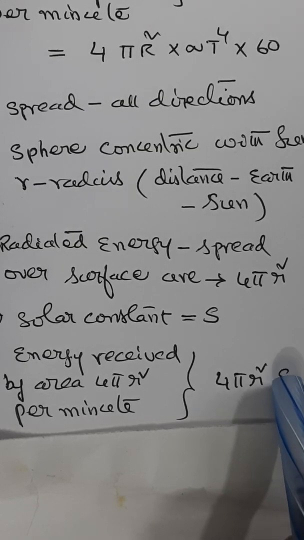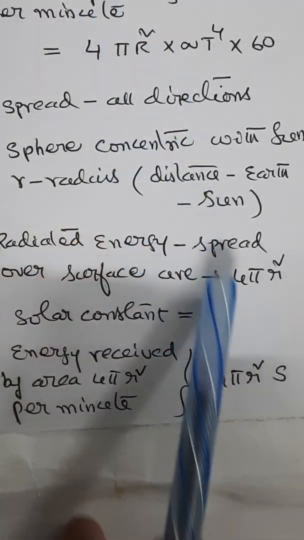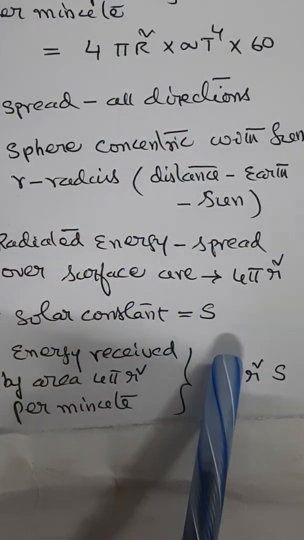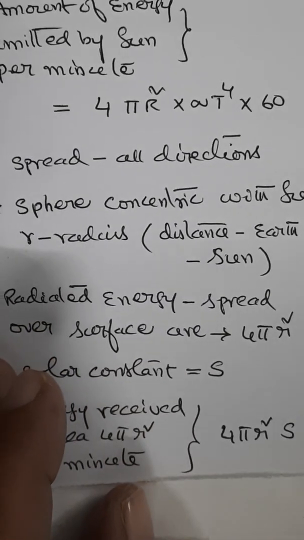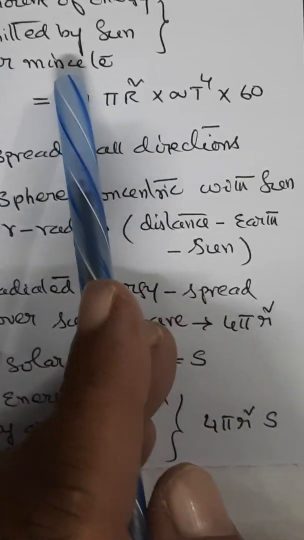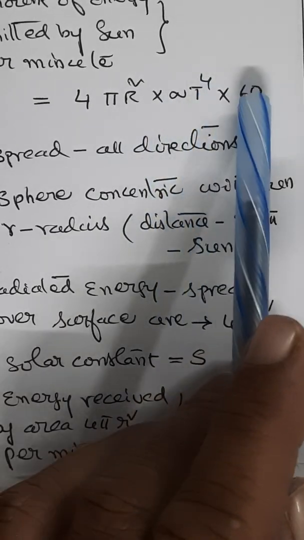Now, when it is distributed across all directions, these two should be equal. Theoretically, we found the amount of energy emitted by the sun per minute to be 4 pi R square into sigma T power 4 into 60.